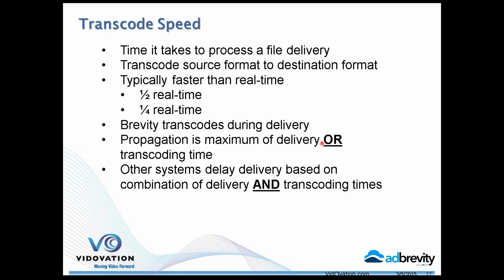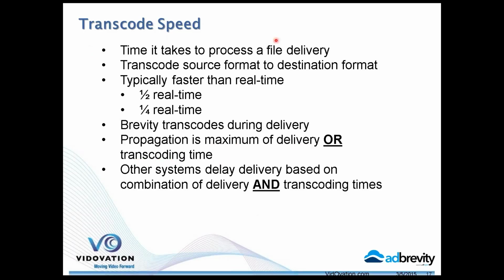So the propagation is the maximum of the delivery or the transcoding, whereas in a traditional system, it's a combination of both. You either have to transcode first and then send, or transfer and then transcode at the end. So it's a combination of both the transcoding and the transport. So it's basically the weakest link.